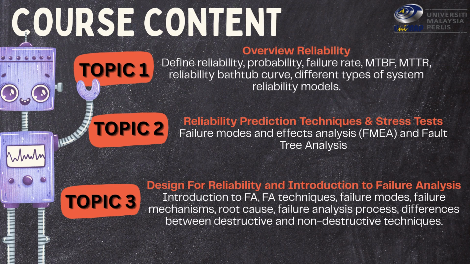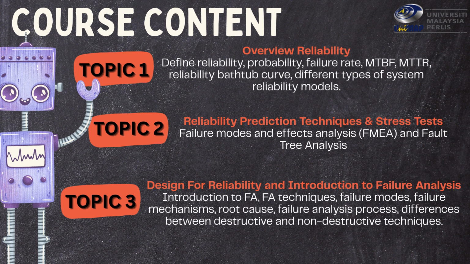Let me brief you about the course content. For topic 1, you will learn the overview of reliability: the definition of reliability, probability, failure rate, MTBF, MTTR, the reliability bathtub curve, different types of systems, and reliability models. The second topic is reliability prediction, techniques, and stress tests, where you will learn about FMEA, the failure modes and effects analysis, and also fault tree analysis.